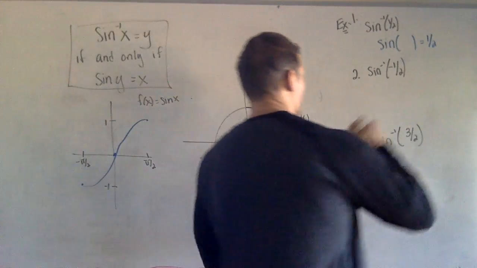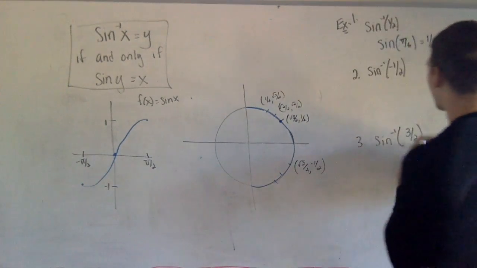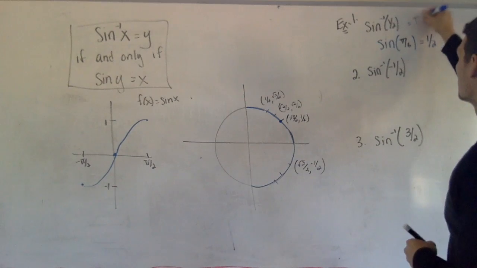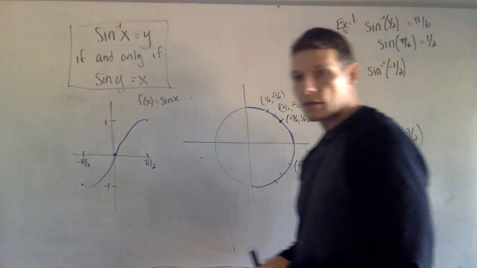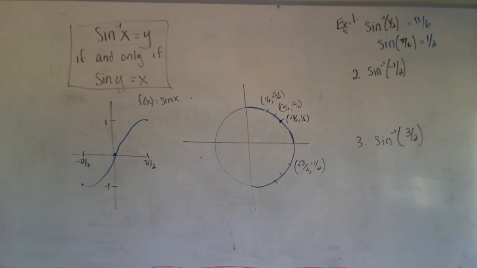So what we're looking for right here is pi over 6. We know sine of pi over 6 equals 1/2, therefore sine inverse of 1/2 is pi over 6. Okay? So that's one of the things we go through: we think about it in the other way.